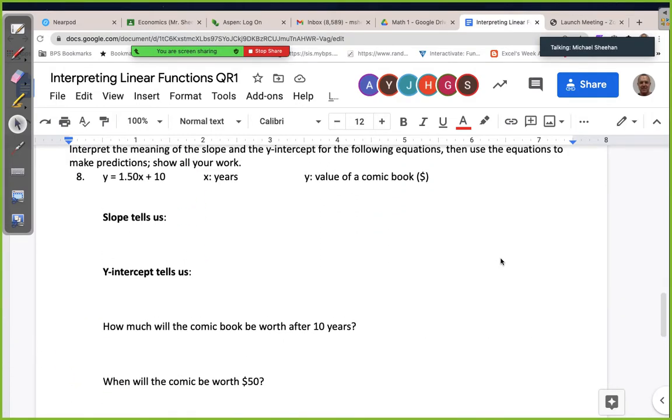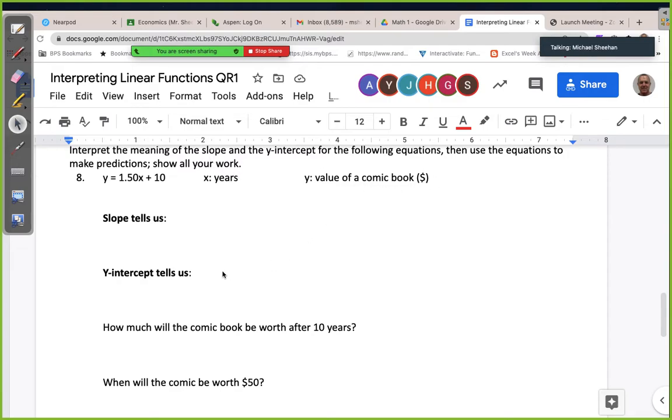All right, the last 2 problems are like what we did last Thursday. I'm going to give you an equation. You're going to tell me what the slope and the y-intercept tell you, and you're going to use your equation. You're going to plug in a number for x and plug in a number for y. All right, y is the value of a comic book.